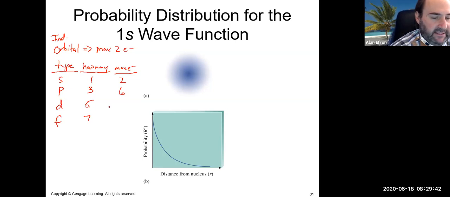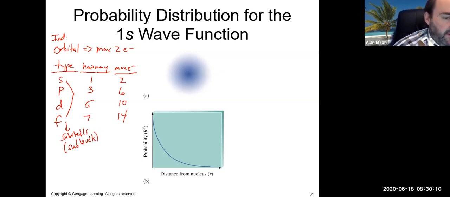If we max out the d orbitals, each one holds 2 and there are 5 of them, so we max out with 10 electrons, and 14 electrons for our 7 f orbitals. These groups, as we'll talk about here, are sometimes referred to as subshells or sublevels.